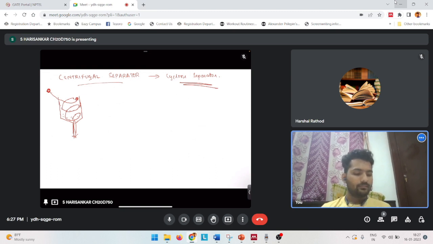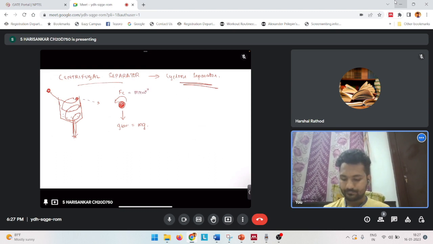And we define this particle here. Just drawing this a bit bigger, we have this particle here. Now there are two forces that act on this particle. One is the gravitational force, which is basically mg, and the other is the centrifugal force, Fc, which is basically m r omega square.